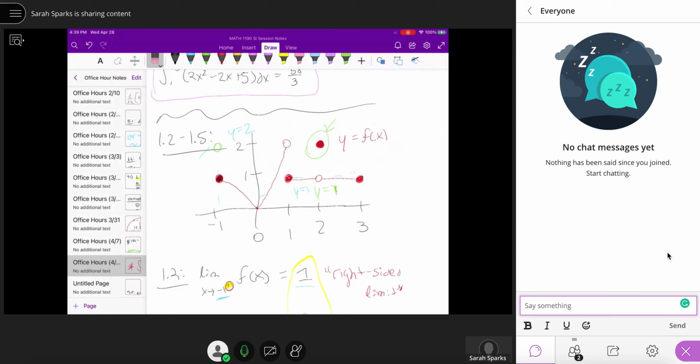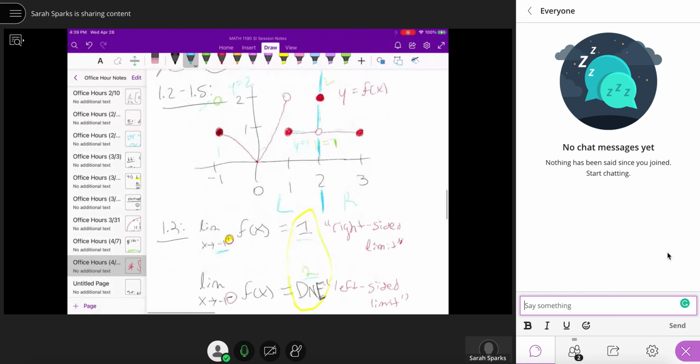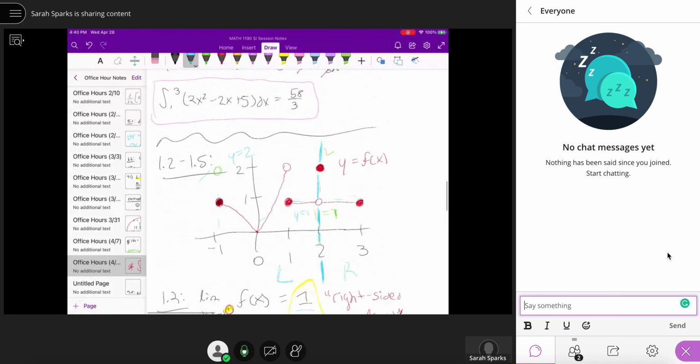Alright, so at x equals 2, we have this asymptote right here. So this is our right side and this is our left side. Our right side doesn't matter, we're only looking at our left side. So we're just going to follow along with our finger until we get to that 2 point.